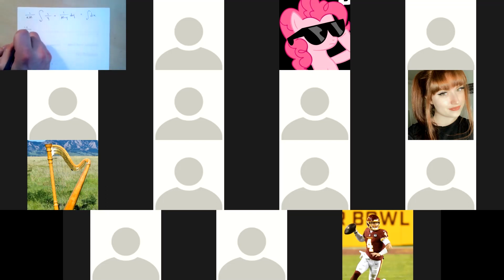So what do we get? We get 1 over km, and then we've got natural log of y. And then this term, natural log of m minus y. And then by the chain rule, we'll need a negative.